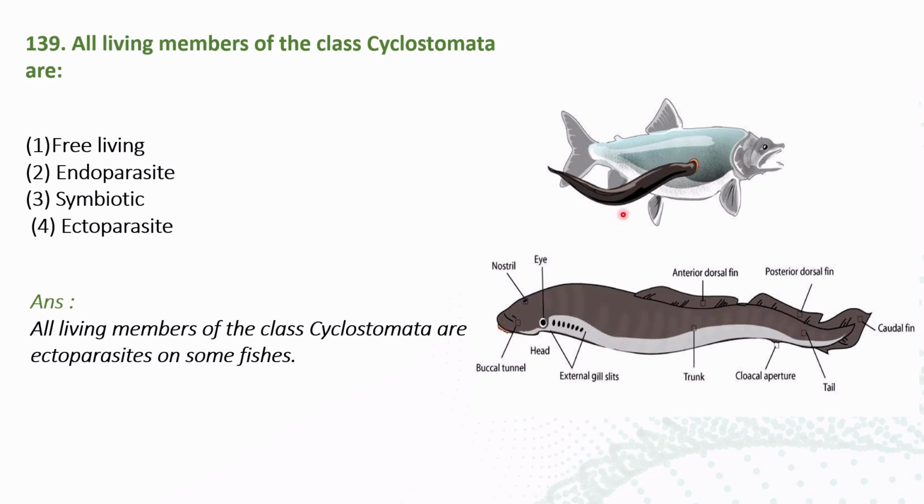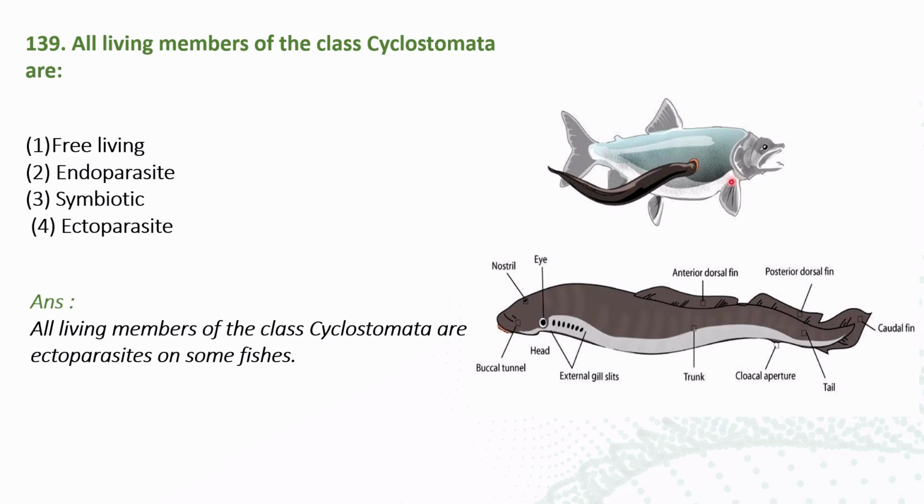This is the hagfish. What it will do is depend on the fish from the outside itself, meaning it will depend on the normal fish for its purpose. So normally all members of the Cyclostomata are ectoparasites on some fishes. Ectoparasite means it will attach from the outside and affect the fish.